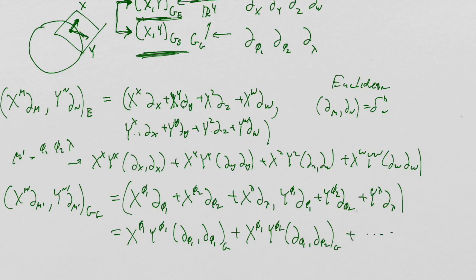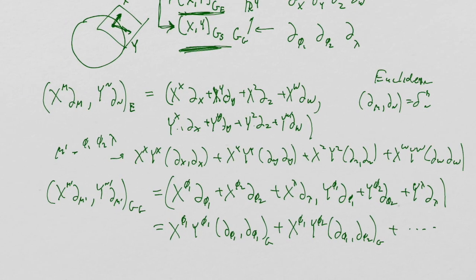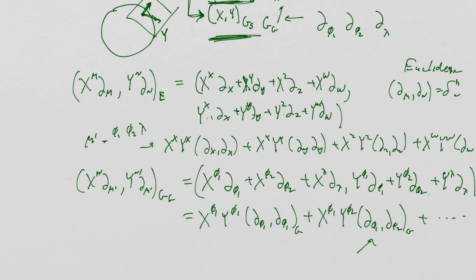But ultimately, all of these guys have to be equal. And in the coordinate basis, by the way, we do know that these cross terms will go away also, because they're independent. Well, we really don't know. So we want to make and execute this calculation so we can learn what these guys are.